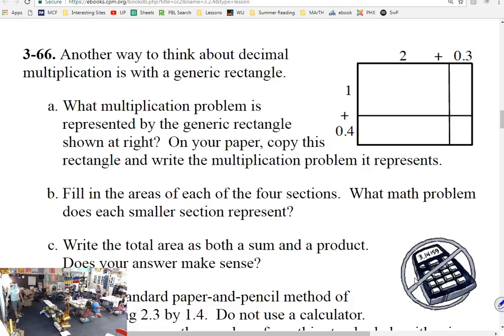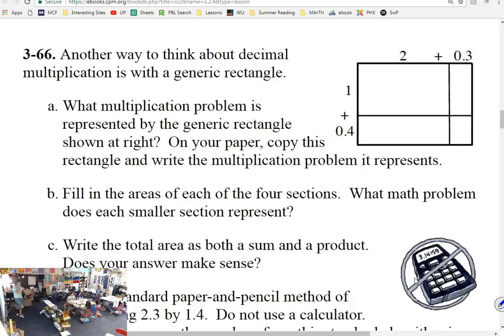So, we want to multiply. What does this generic rectangle represent?